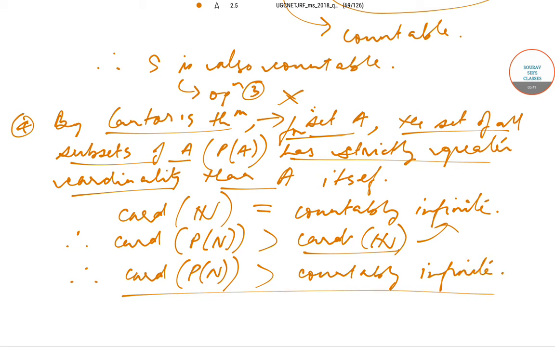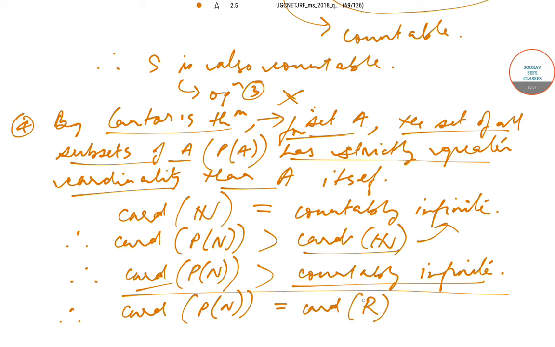Okay, so this is a statement we are getting. If the cardinality of P(N) is greater than countably infinite, then we can say that the cardinality of P(N) is equal to the cardinality of the set of real numbers, and that is uncountable.